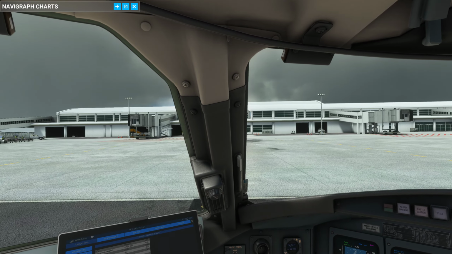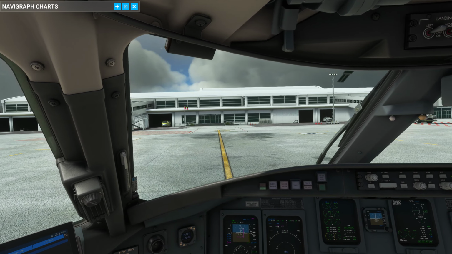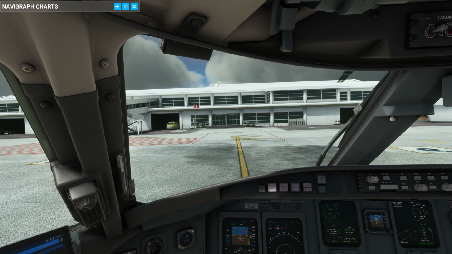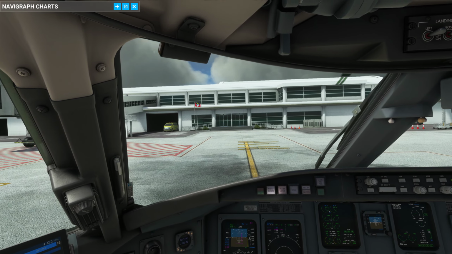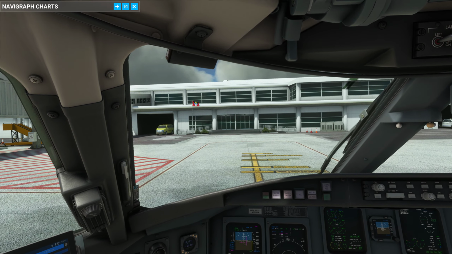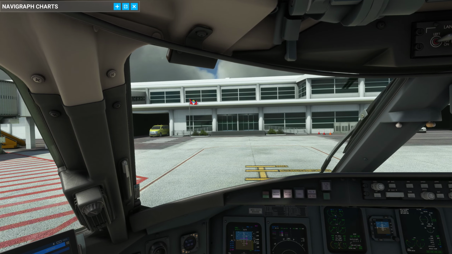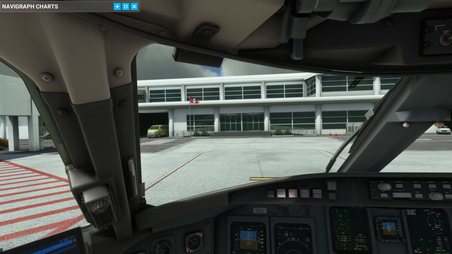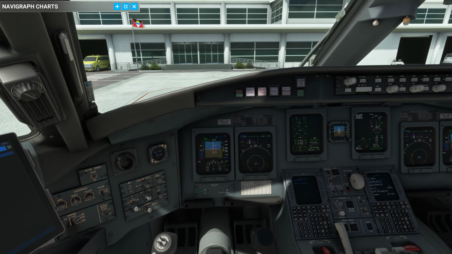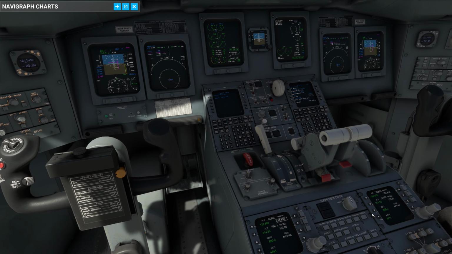And expecting what may come and then have it happen, rather than thinking, oh, it's looking great, and then say to yourself, oh geez, now I'm stuck in low visibility and having to make an approach. So APU is on, so let's shut our engines down.